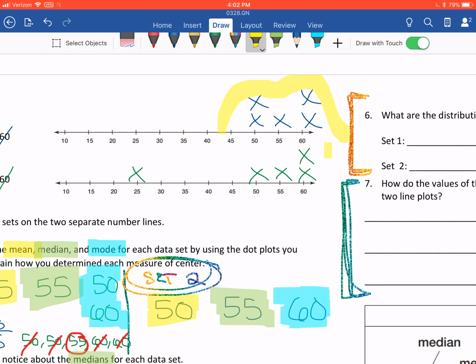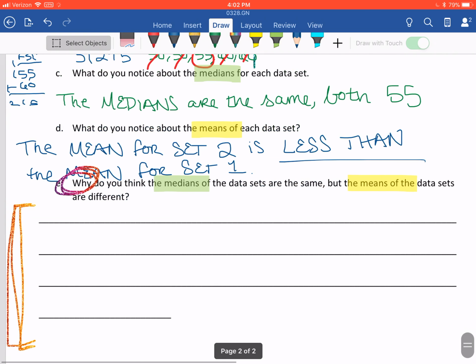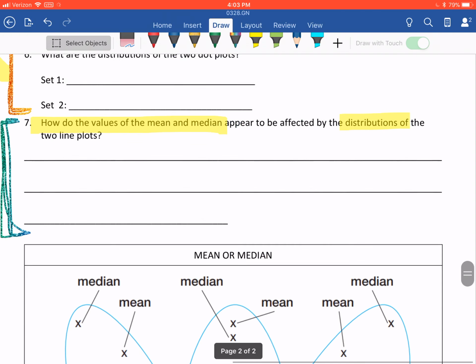You're going to draw to see your distributions. You're going to tell me what they are right here. And then you're going to answer the question, how do the values of the mean and median appear to be affected by those distributions? So you have numbers 5, 6, and 7, or E, 6 and 7 for your homework.